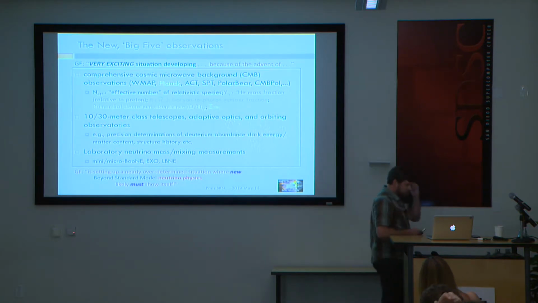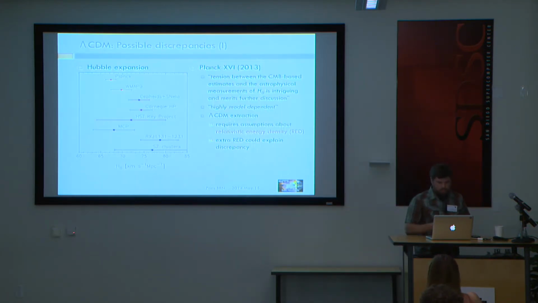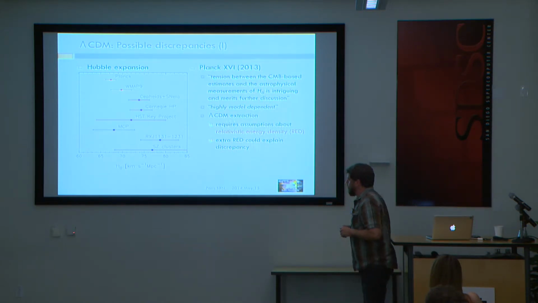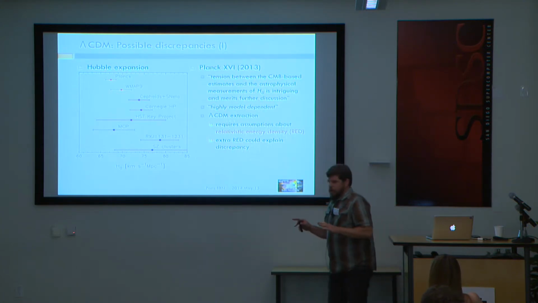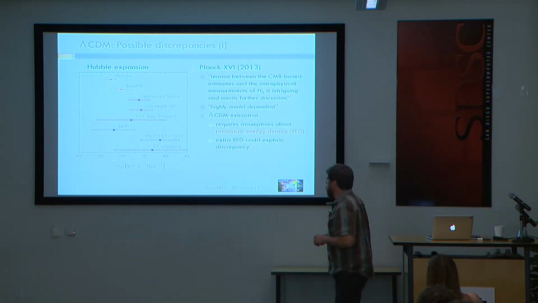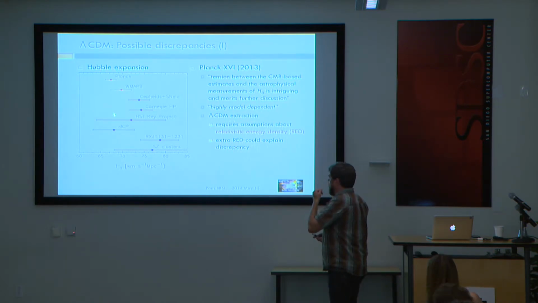So that's why we're spending time on this problem now, because things are really changing. And you hear a lot about how successful the Lambda cold dark matter model is. I just want to go very quickly and say, that's certainly true. But there are potential cracks in Lambda CDM, which we should be aware of. For example, if you look at the Hubble expansion parameter, there's a tension between the rates determined by CMB.